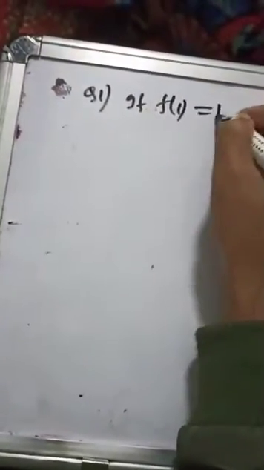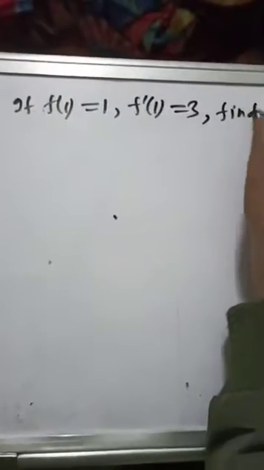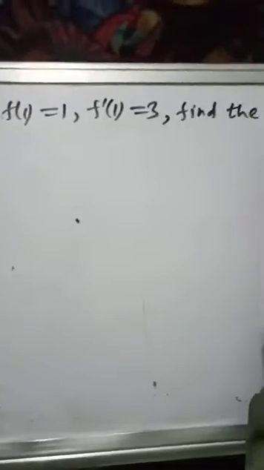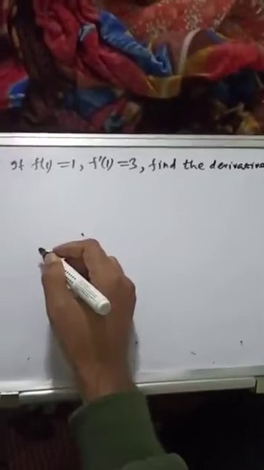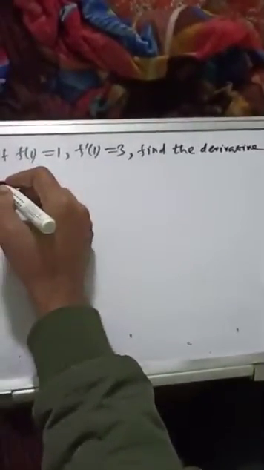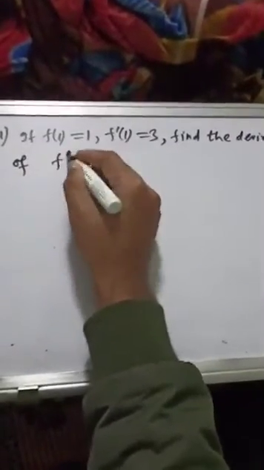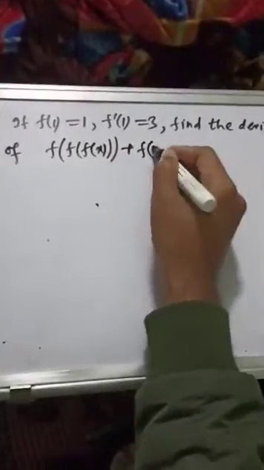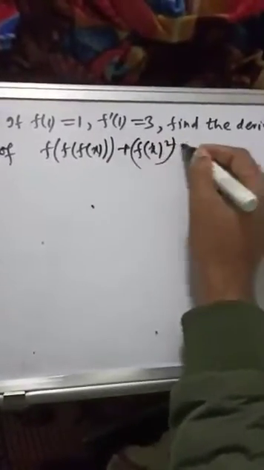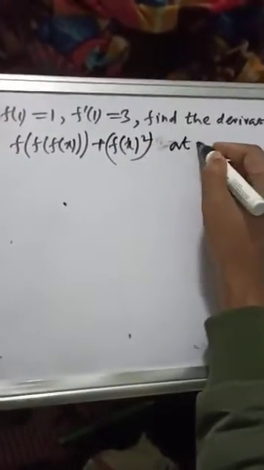Question: if f of 1 equals 1 and f dash 1 equals 3, then find the derivative of f of x plus (f of x) whole squared at x equal to 1.